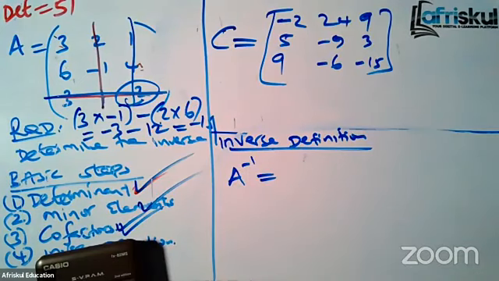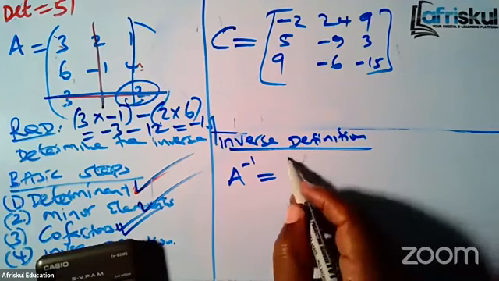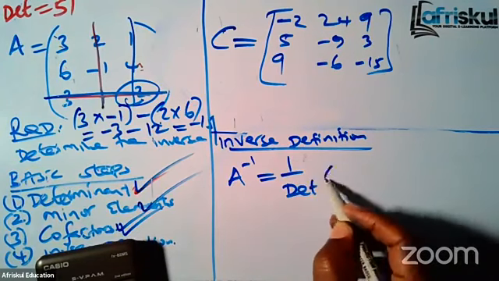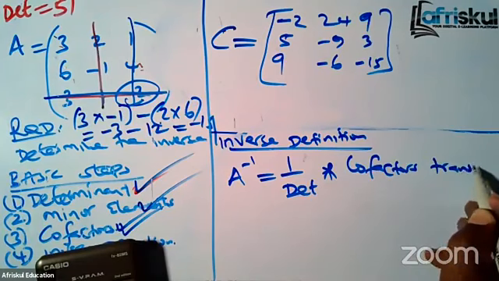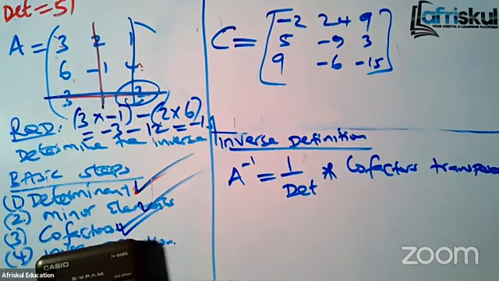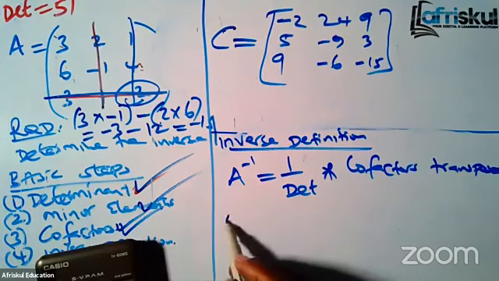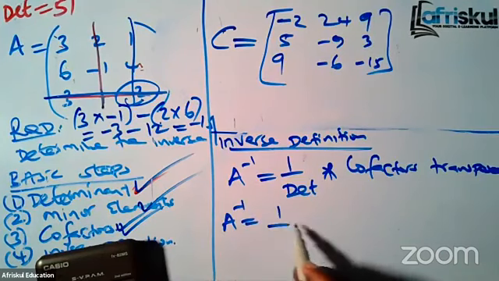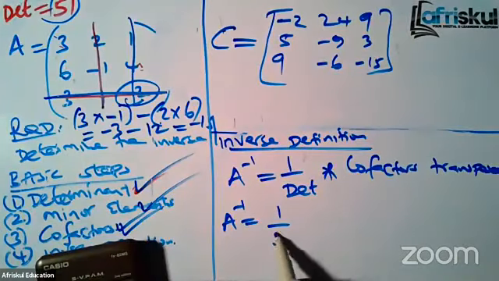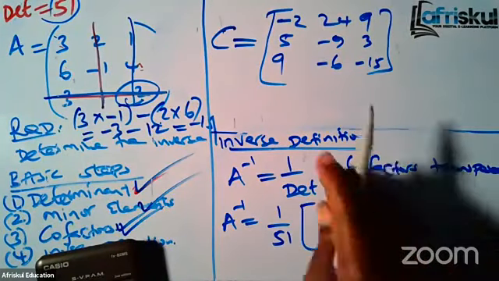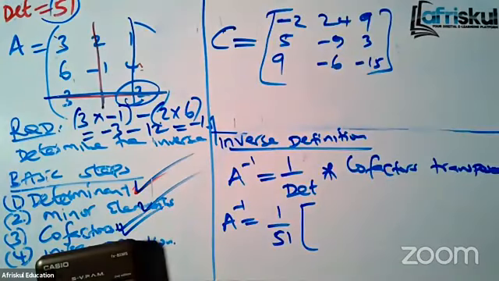A universe will be equal to 1 over the determinant times the cofactors transposed. So our A universe will be equal to 1 over the determinant, which we got much earlier, so 1 over 51 into the cofactors, but this time around transposed.